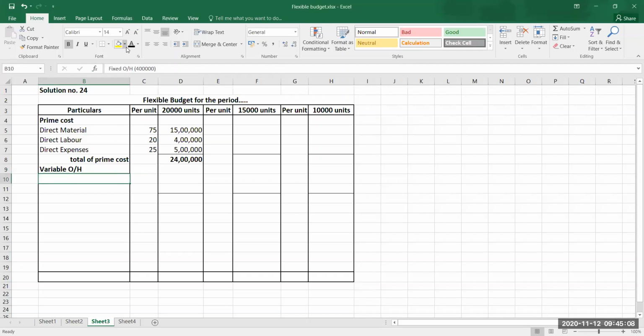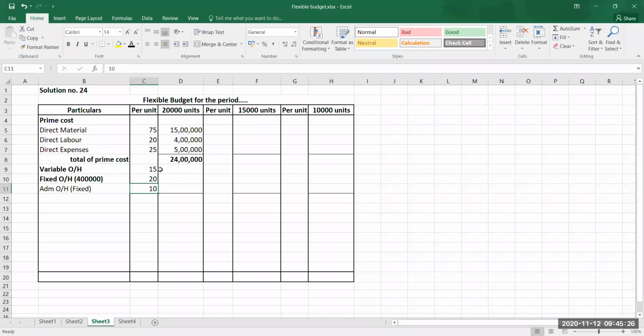Okay, then you have fixed overhead, and then you have administrative overhead which is fixed. So variable overhead you have as 15, then fixed overhead it is given to you already 20, and administrative overhead is given as 10 rupees.